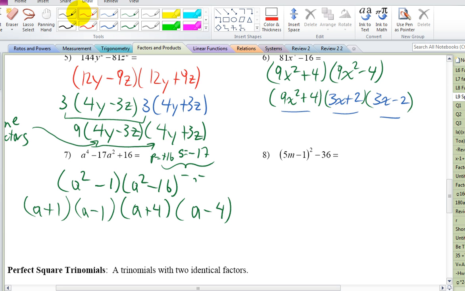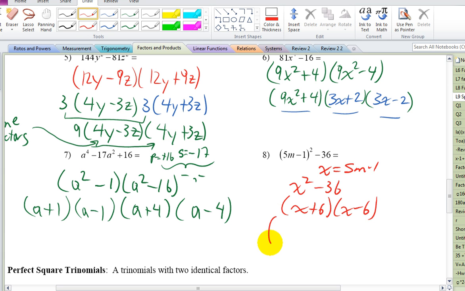All right, let's say here, this number 8, you can just watch this. x equals 5m minus 1. So you're going to get x squared minus 36, x plus 6 times x minus 6. Then you substitute back in. So you're going to get 5m minus 1 plus 6, and then 5m minus 1 minus 6.